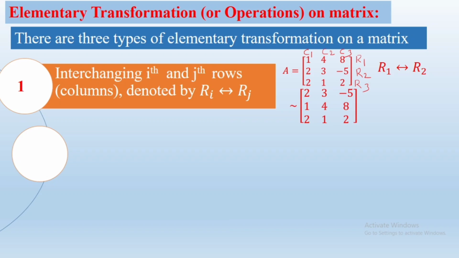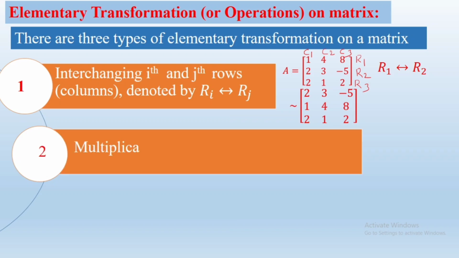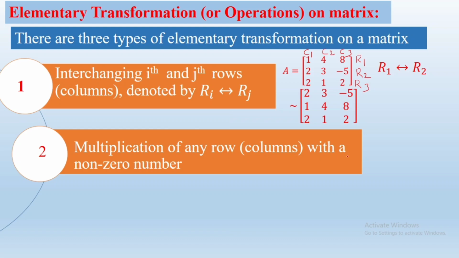And then the second type is multiplication of any row or column by a non-zero number k, denoted by Ri → kRi. I am taking the same A again, and multiplying by a non-zero number, like 2R1. 2 is a non-zero number. We multiply R1 by 2, friends, and the transformation occurs in place of R1.